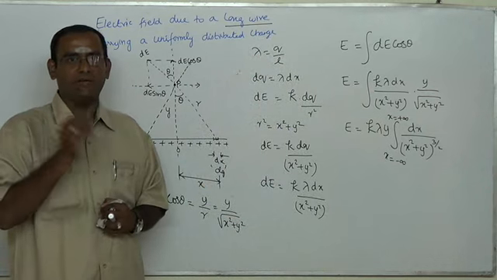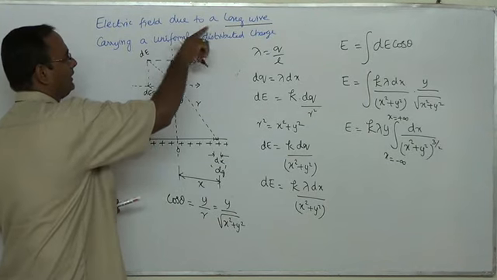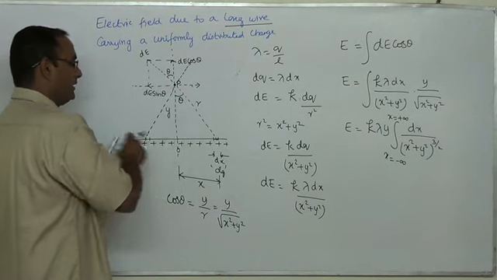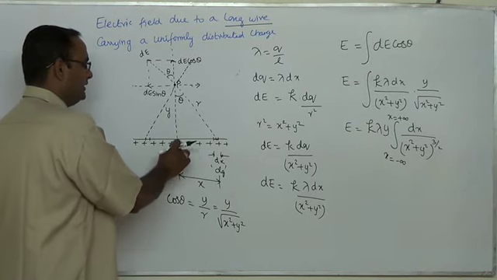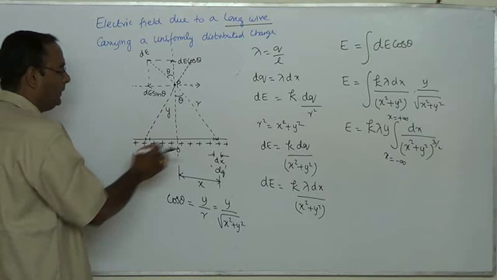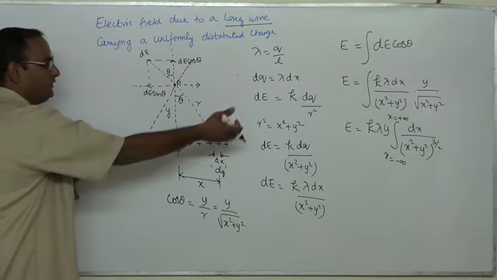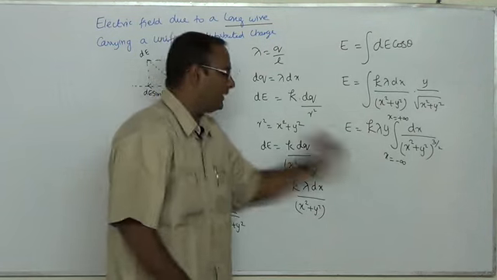The limit is very, very important, children. We should remember the limit, because when I say long wire, it's not a definite length. It is a long wire. From 0 to this side is minus infinity, and your x is a variable which varies from minus infinity this side to plus infinity that side. That is the limit.